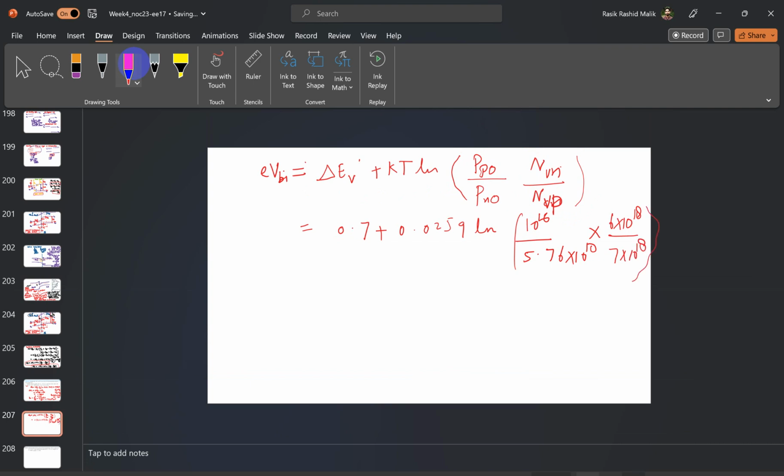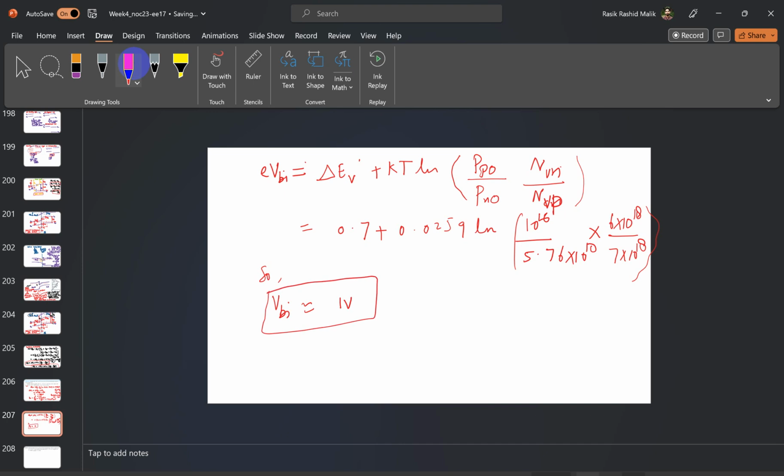So if we calculate, then the VBI will be in electron volts, so EVBI, and VBI will be, if I use my calculator, around 1 volt, the barrier potential.